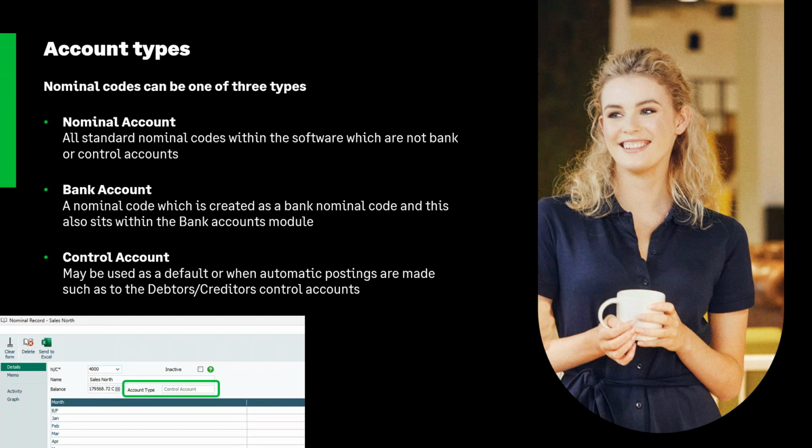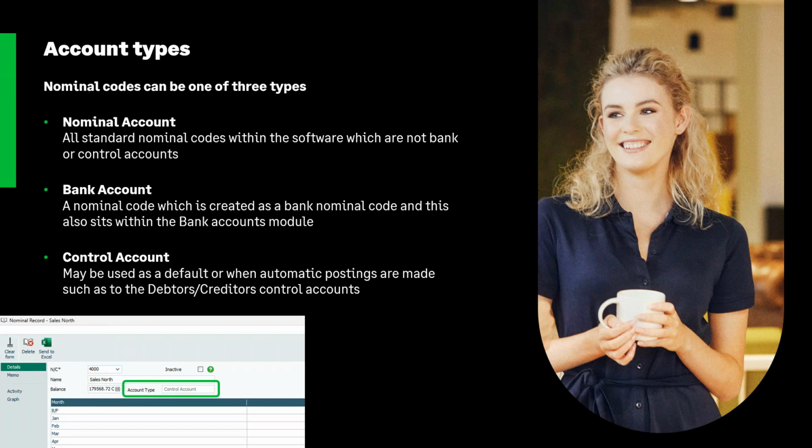A standard nominal code with no specific settings will just be flagged as a nominal account. You may have one flagged as a bank account, which is basically just a nominal code that appears within the bank accounts ledger as well. It works in pretty much the same way as far as it'll be listed in that nominal list as well. And then finally, you've got one that may be flagged as a control account.